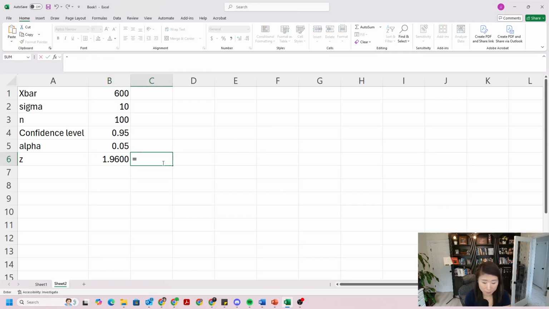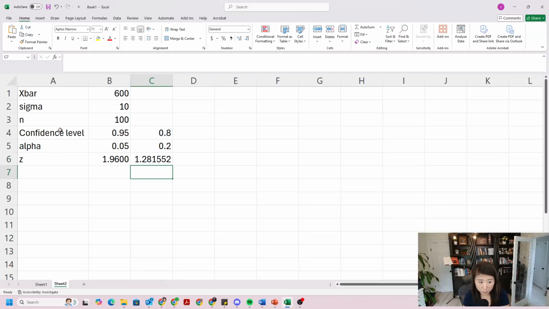If it's an 80% confidence interval, here will be 0.8, and then the alpha will become 1 minus your confidence level, which becomes 0.2, right? And then for your z-score in this second case, it will be norm.s.inv, parentheses, then the probability will be the confidence level plus alpha divided by 2.